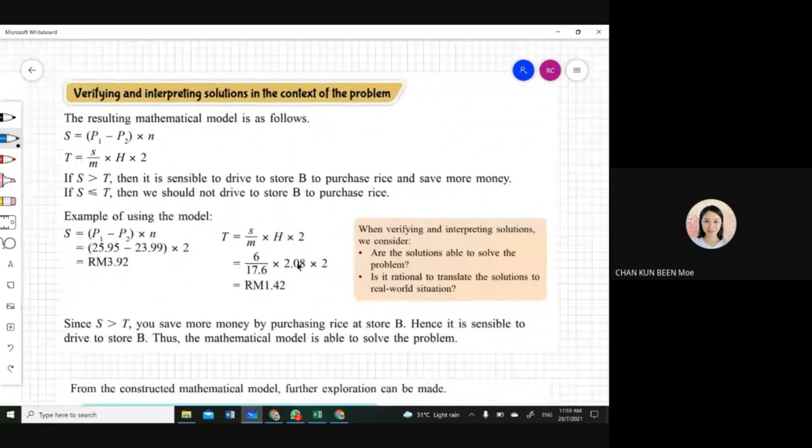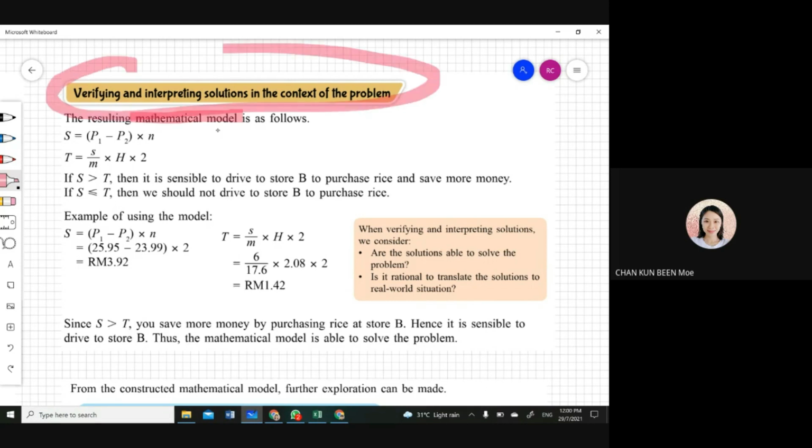It looks very complicated if you didn't really go and study it, but actually it's very simple. So over here in this section, verifying and interpreting the solution in the context of the problem, you remember this part, you have to come up with a mathematical model. The mathematical model, you are going to get from this step here.